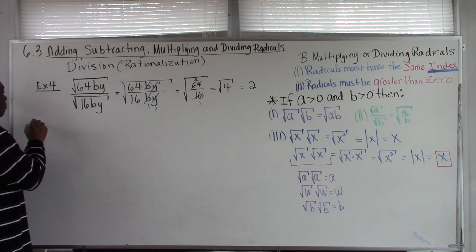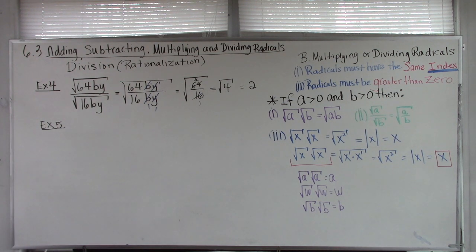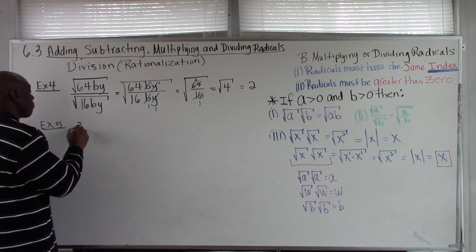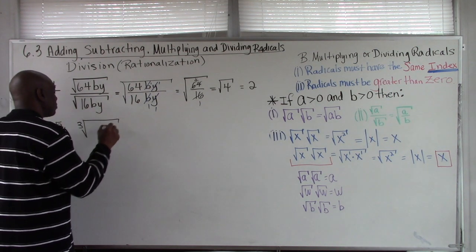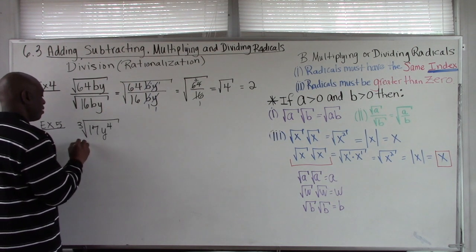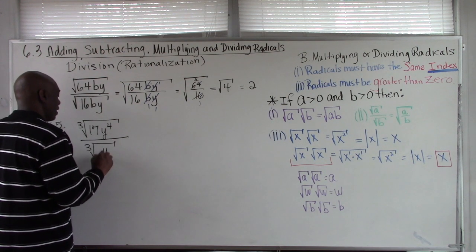Example 5. Let's look at the cube root of 17y to the 4th divided by the cube root of y.